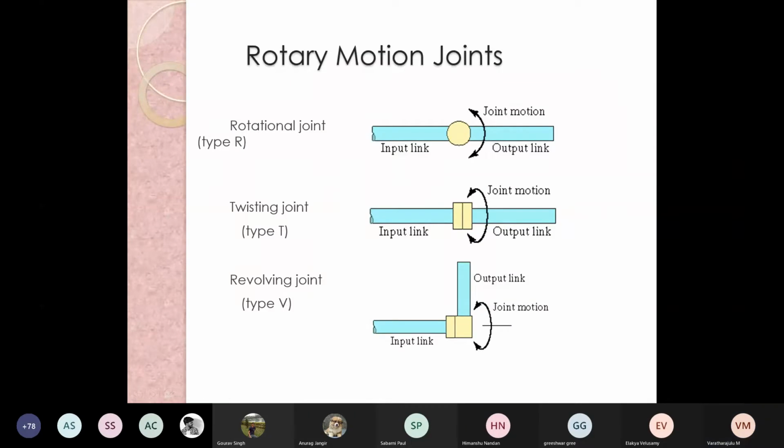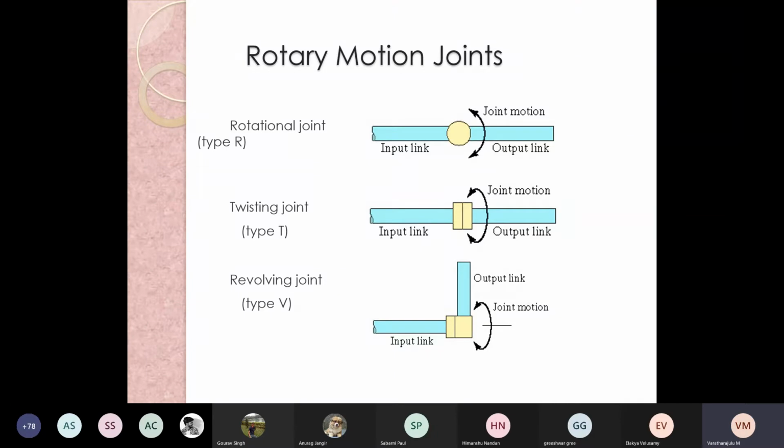Concerning the twisting type of joint, it also permits rotary motion. In the twisting joint, the motion between two links is possible, but the axes of rotation are parallel.